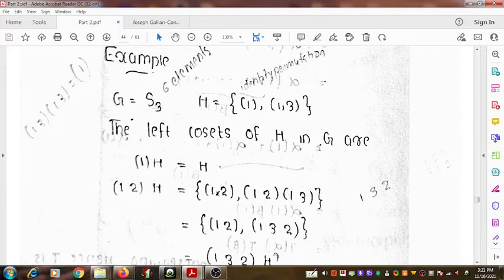S3 is the set of all permutations of 3 elements. You know that there are 3 factorial equal to 6, so 6 elements are there in S3, and we take H equal to the set generated by, here it is the cyclic subgroup.